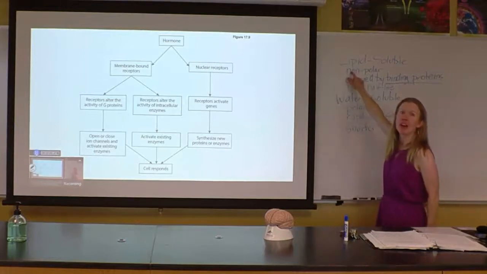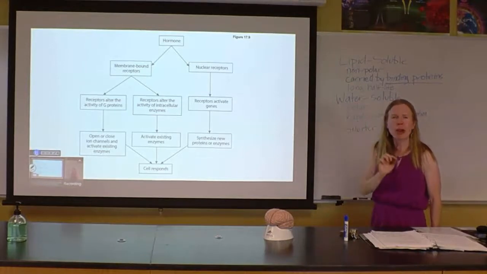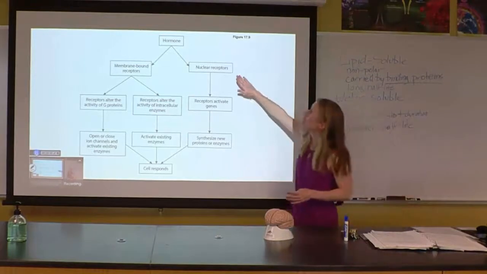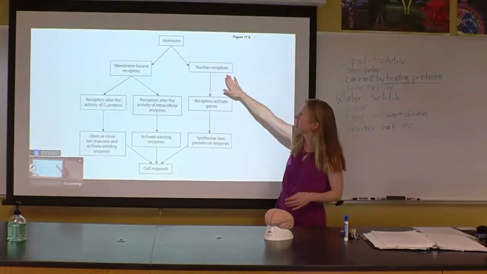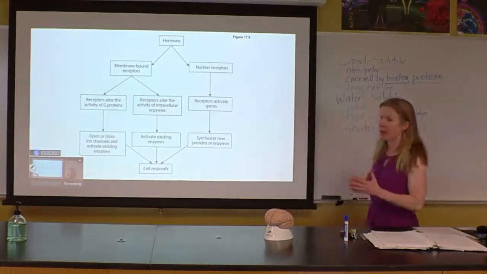Lipid-soluble, right? Those small nonpolar molecules are able to go directly through the phospholipid bilayer of the cell membrane, right? And so lipid-based hormones, lipid-soluble hormones, are going to use nuclear receptors. And we'll look more at what that looks like.